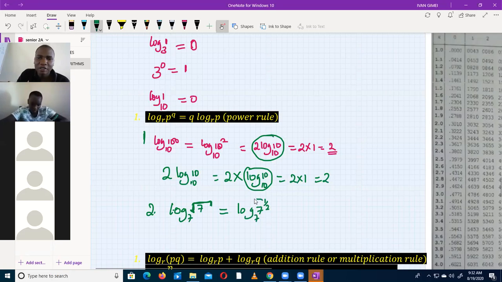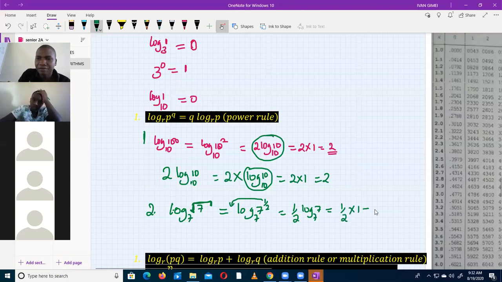So this will give me a half log of 7 base 7. We know that log of 7 base 7 is the same as 1 from the first law. So this gives me a half times 1, and the answer becomes a half.